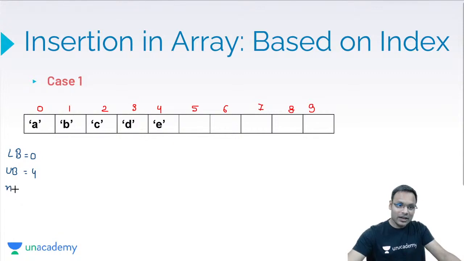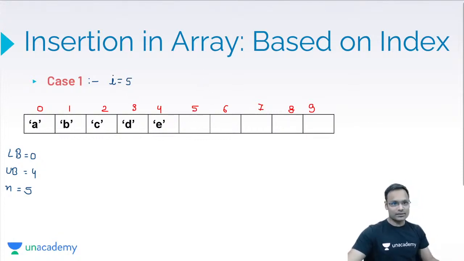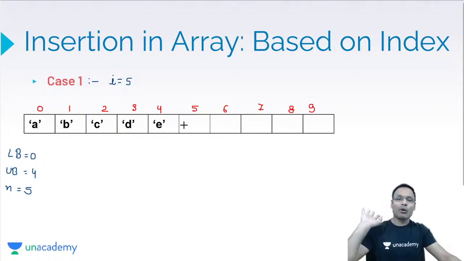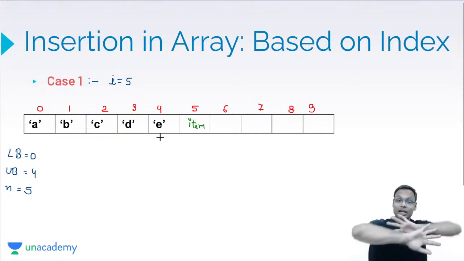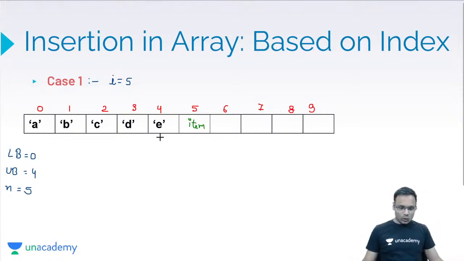Total number of elements right now is 5. And suppose case number 1 says I is given as index 5. Is it possible to insert another element at index 5? Yes. If I is equal to 5, there is no problem. कोई प्रॉब्लम नहीं है. Whatever the element x y z, whatever the item given, I can insert here directly. No tension at all.